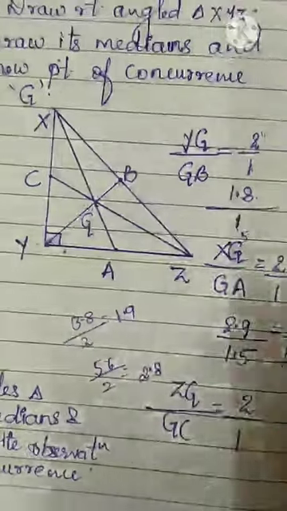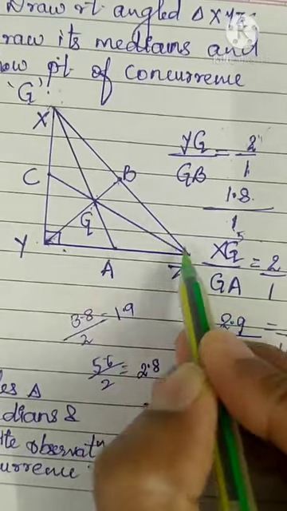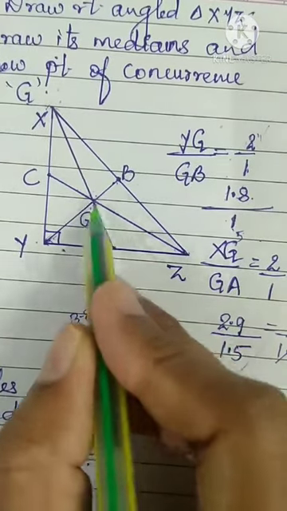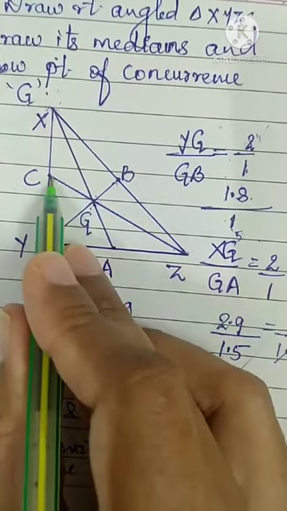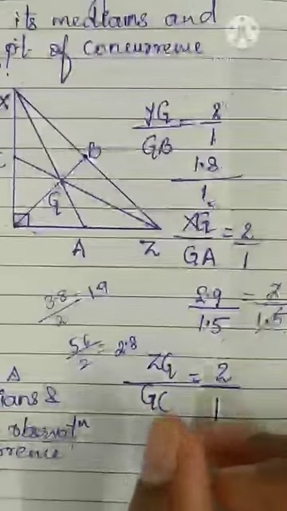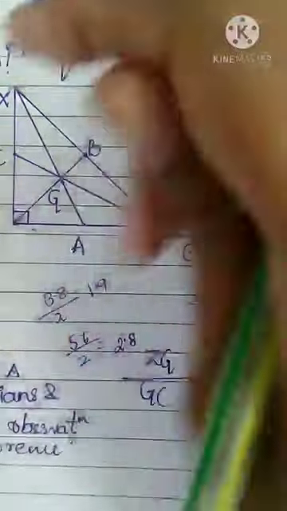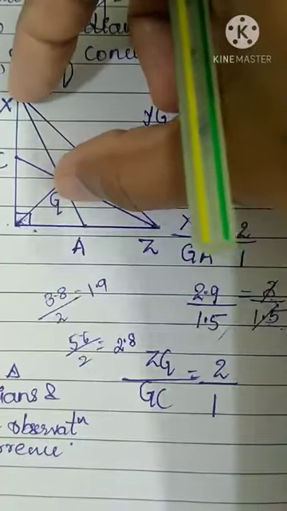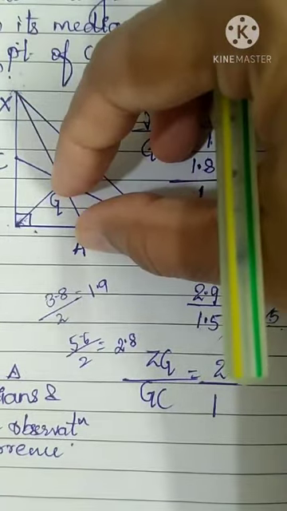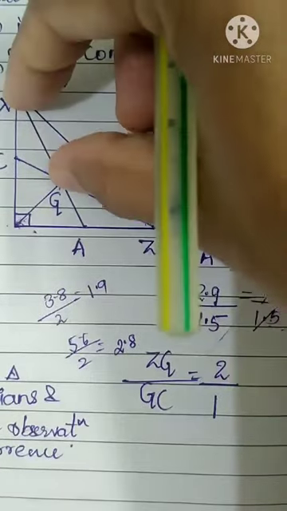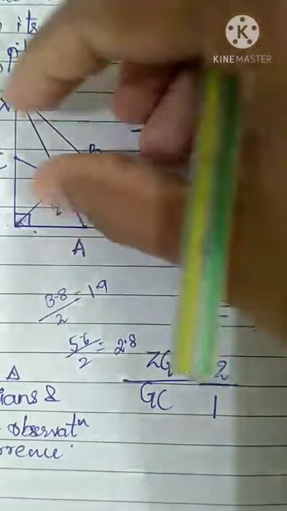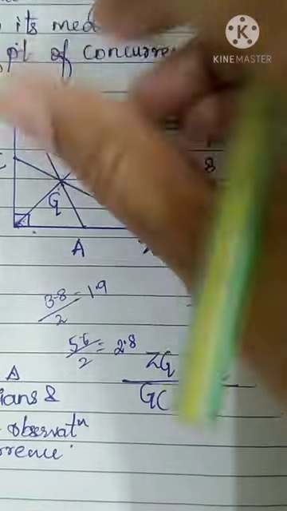Always remember, from the vertex to the centroid, and from the centroid to the midpoint, will be 2:1. So this part will always be bigger than the remaining part. From the vertex, this part will be 2 times bigger. This part will be half of the previous part.